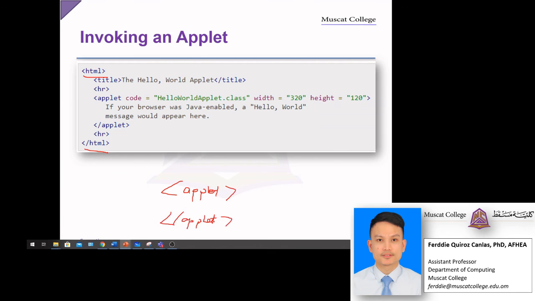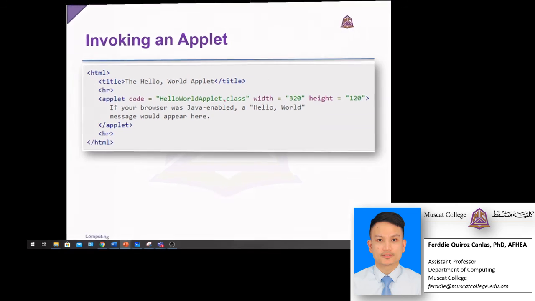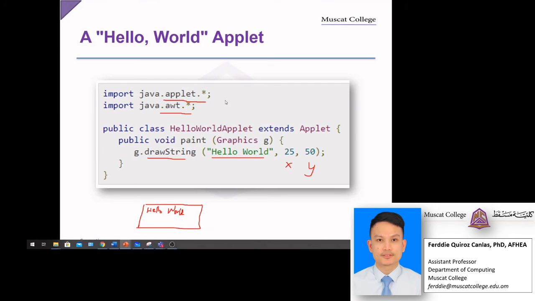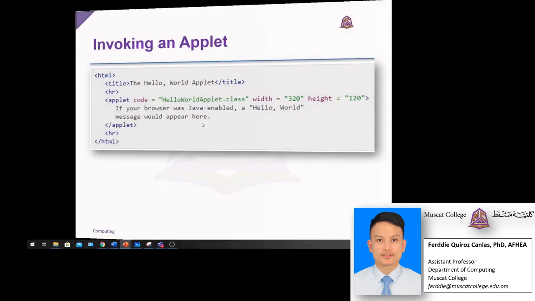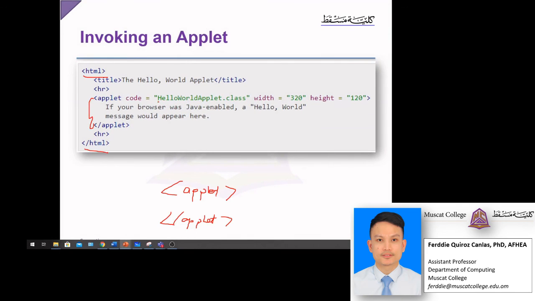Within the applet tag, it says applet code, HelloWorldApplet class, which is the one you have written earlier. This is the applet class. You have to write this separately in another file, and then later on we will call it in the applet code here.